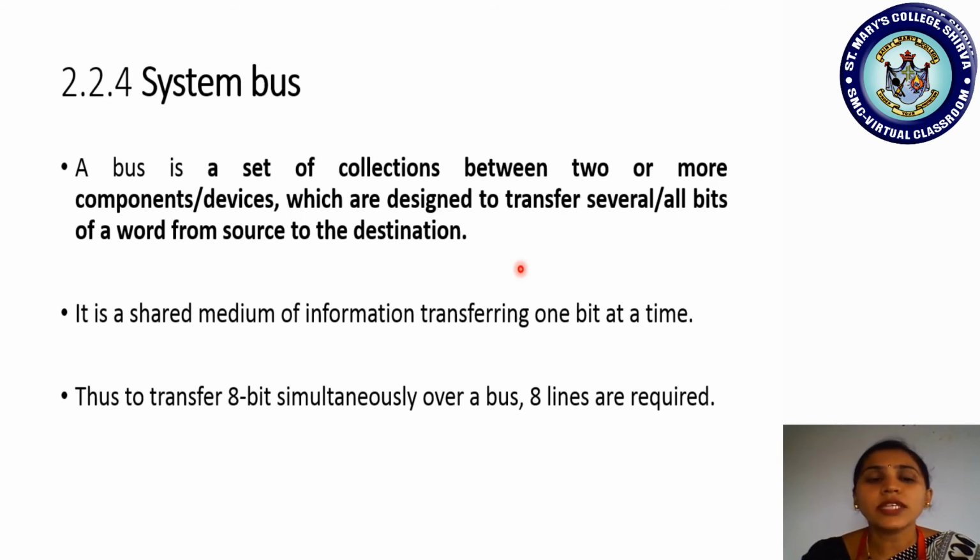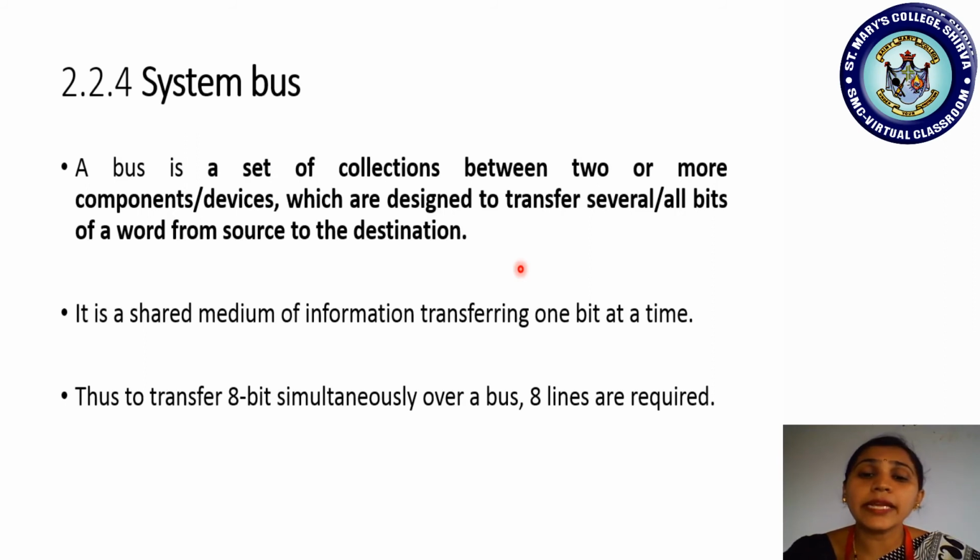So to transfer 8 bits simultaneously over a bus, 8 lines are required. Transferring one bit at a time is very slow, so we have a medium in such a way that we can transfer 8 bits at a time.